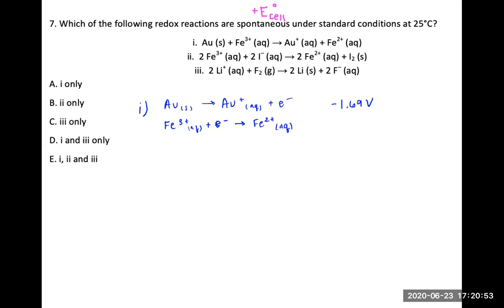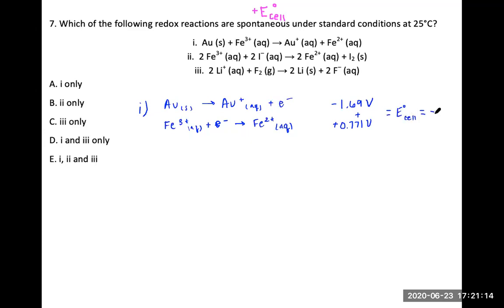And that has a potential of positive 0.771 volts. And so I'll just add those together to get my standard cell potential.